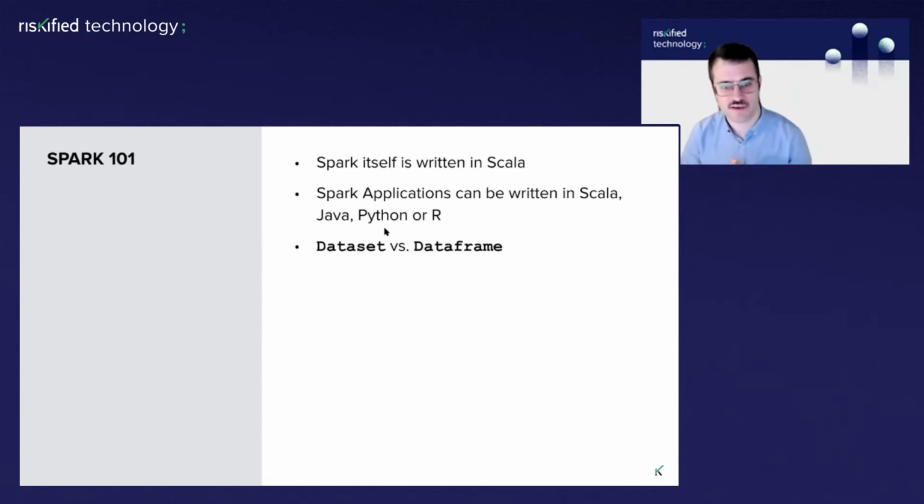And the reason is that the Scala and Java flavors allow us to use the dataset API and not only the data frame API. If you don't know the Scala flavor, the dataset API allows us to describe our data in a more type-safe manner, meaning that instead of a data frame, which is just a lot of rows with arbitrary types, a dataset corresponds to a Scala case class, which is a data structure that describes how each row looks like with specific types.